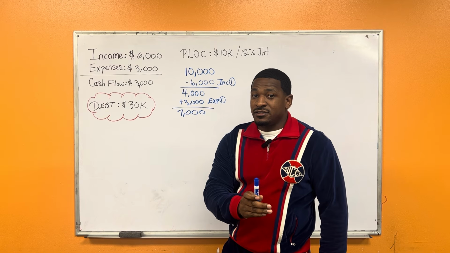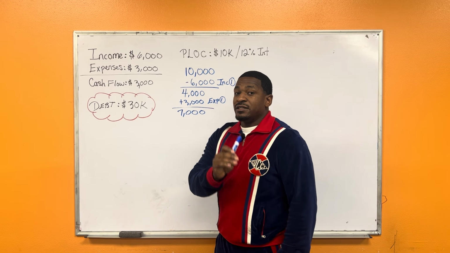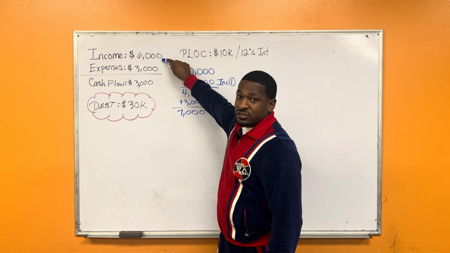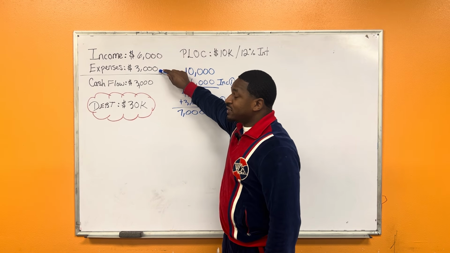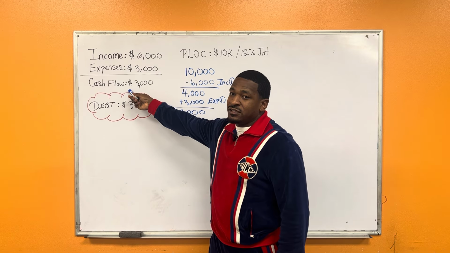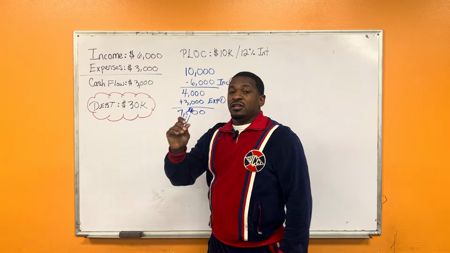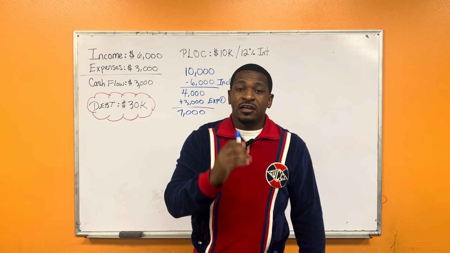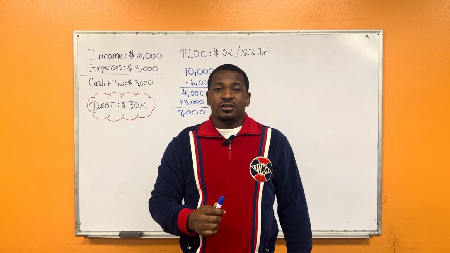So in this case, I'm going slow. We are going to subtract 3,000, which is the expenses, from 6,000, which is the income. That gives you a $3,000 cash flow, which lets you know that you have a healthy cash flow.